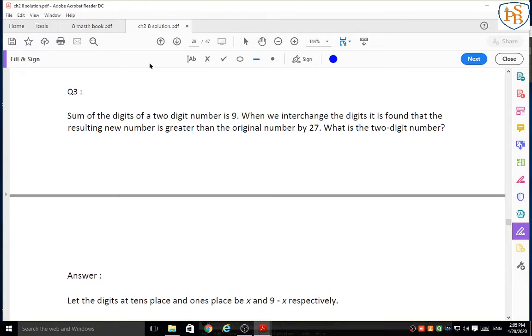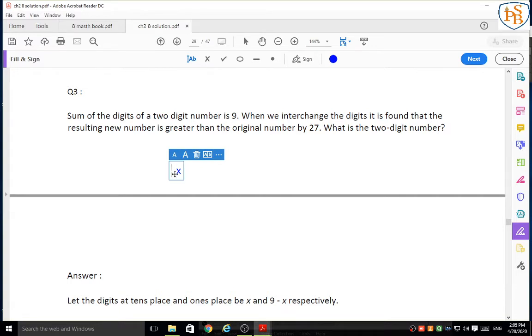Okay, how is it there? At the tens place I suppose it is x. And what about the ones place? The sum of the digits of this 2-digit number is 9, so the other will be less than 9.